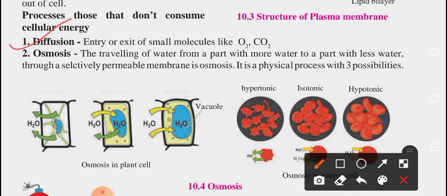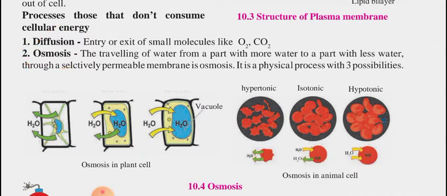Okay, next is osmosis: the traveling of water from a part with more water to a part with less water through selectively permeable membranes is osmosis. So whatever the traveling of water in our body, that is from more water to less water, through permeable membranes, which we call osmosis, and it is a physical process with three possibilities.